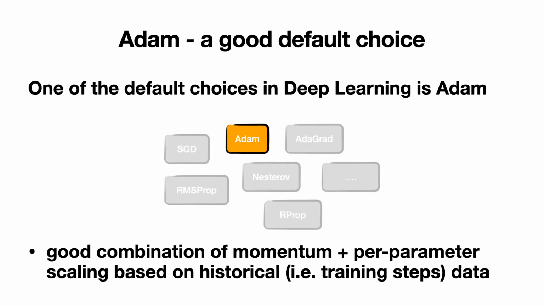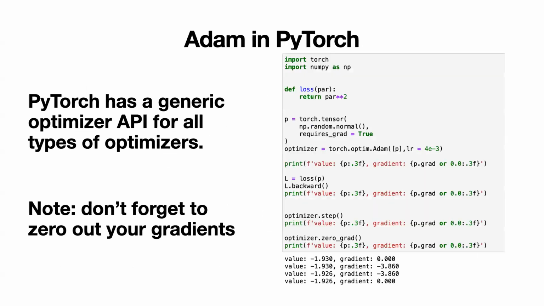One of the default choices in deep learning is Adam. It's basically a good combination of the two things we discussed, momentum and per-parameter scaling based on historical information about the loss landscape. PyTorch has a very generic optimizer API.